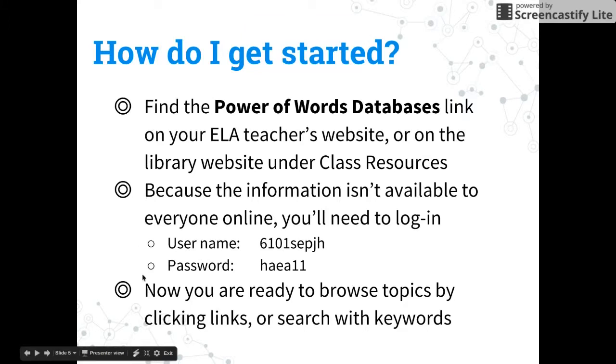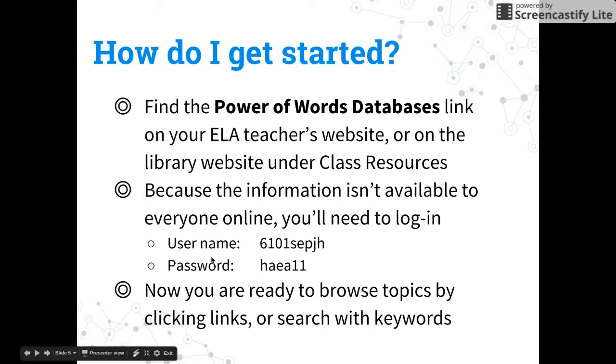So you'll need to follow these steps, and this is what I've shown you, but you'll want to start with the Power of Words Databases link, either from your teacher's website or from our library website under Class Resources. You'll click on Points of View and then use our username, 6101 SEPJH, and then our password, HAEA11.